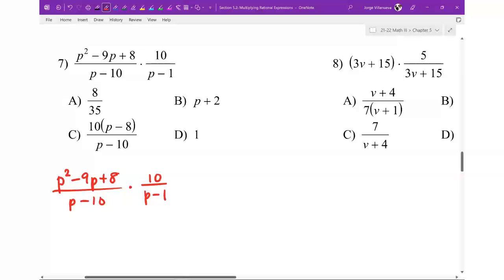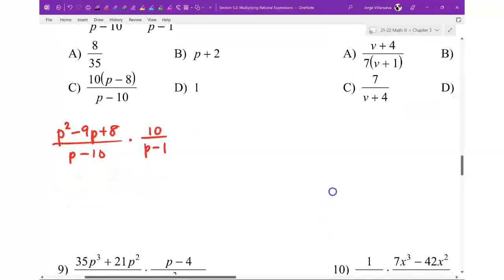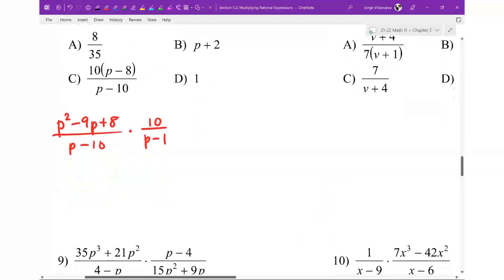So if you don't mind, I'm going to start with the right side fraction, the one that's 10 over p minus 1. So the 10, I do not have to factor that at all. It's just the number 10, okay? So no big deal, no need to factor that. The p minus 1, I also don't need to factor that. I can just leave it alone. So notice the fraction on the right side does not have to be messed with, okay?